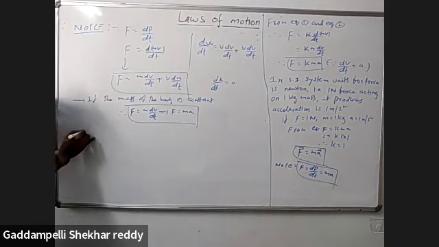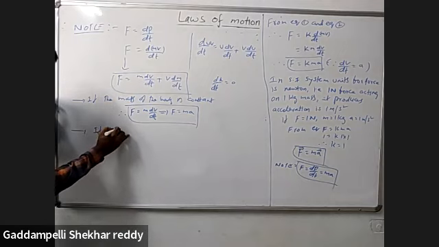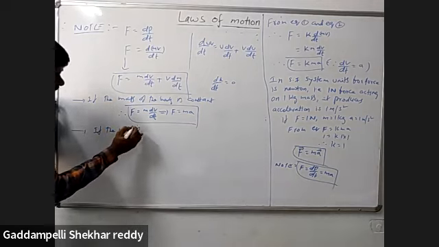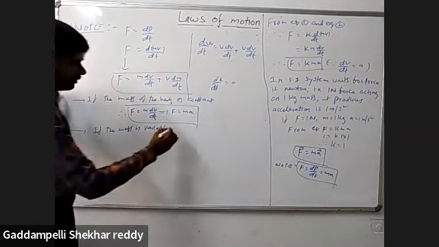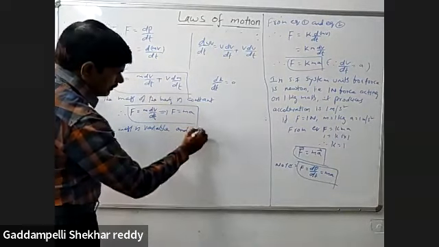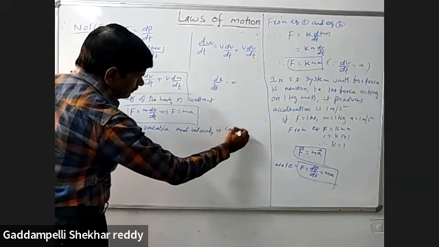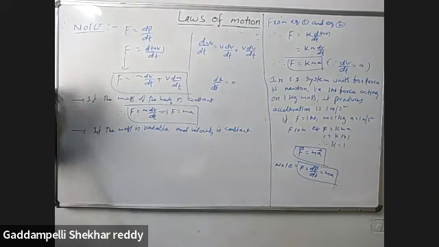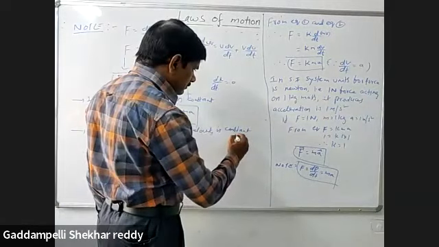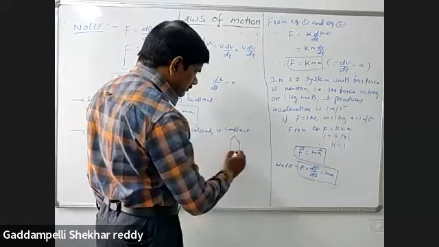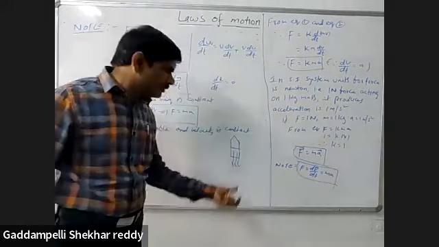Next point: if the mass is variable and velocity is constant, that means it moves with a uniform velocity. For example, a rocket moving upward with uniform velocity.